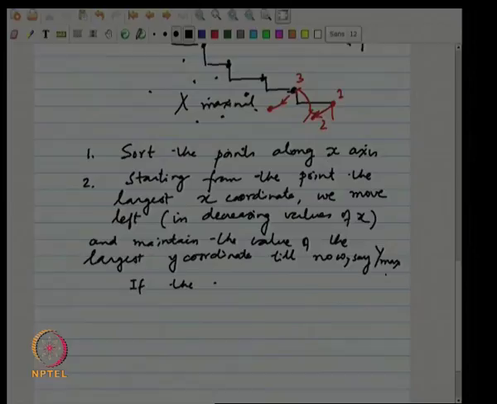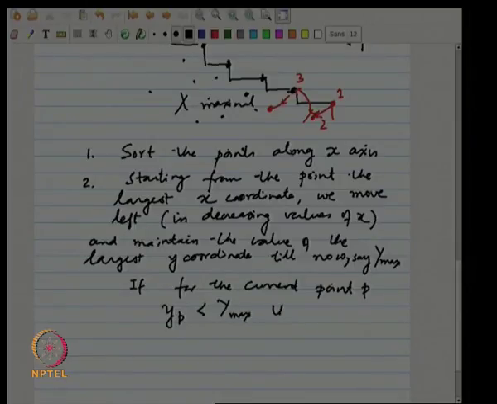If, for the current point P, y of P is less than y max, then P is not maximal, else P is maximal. That is all.